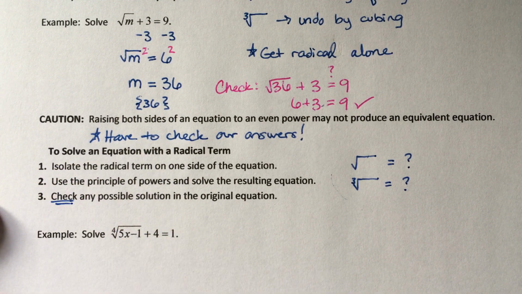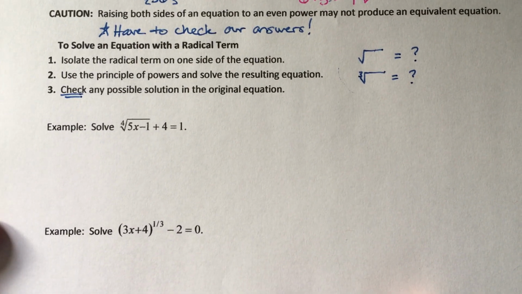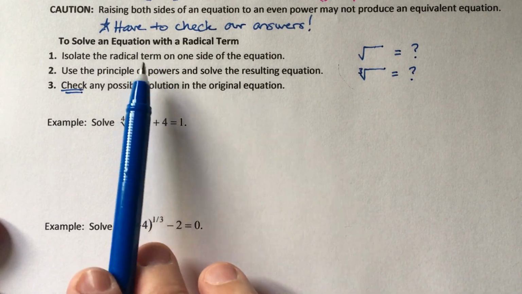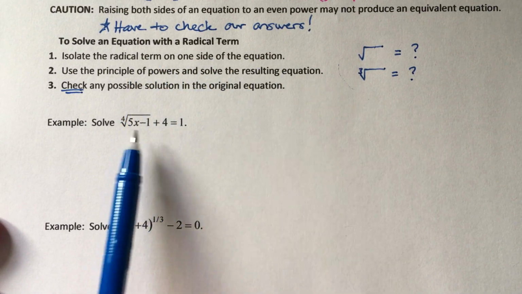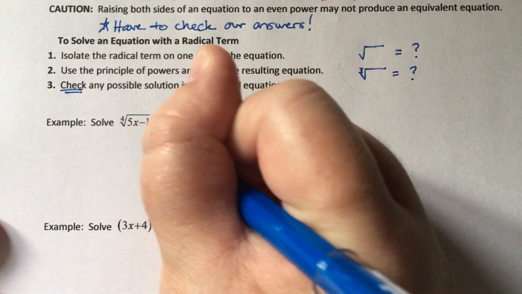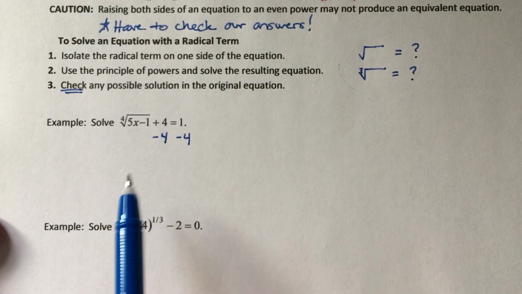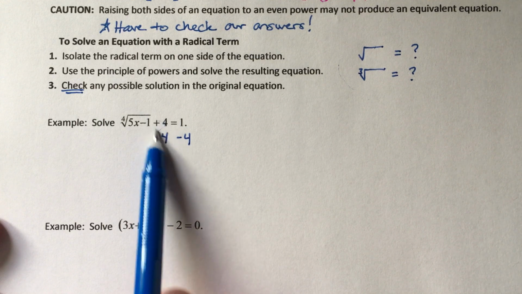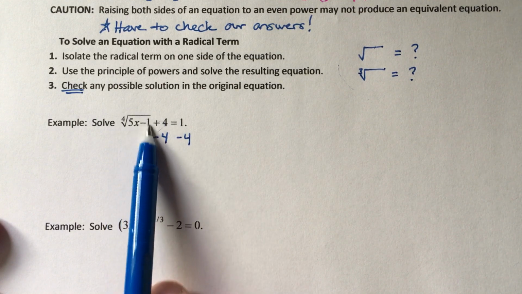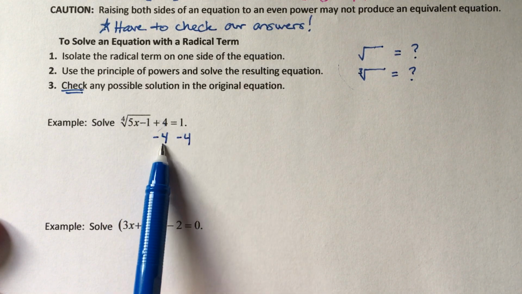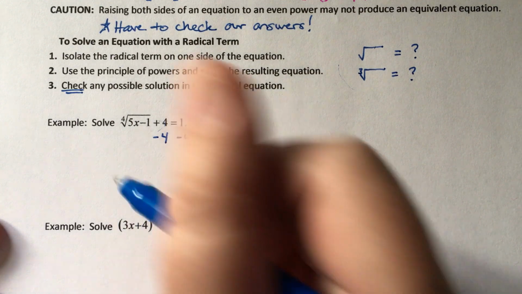So let's try one with a fourth root. First step, get the radical alone on one side. So first step is to subtract 4. It's really important to notice when a number under the line is part of the radical, or when it is separate. So we need to move the 4 over.